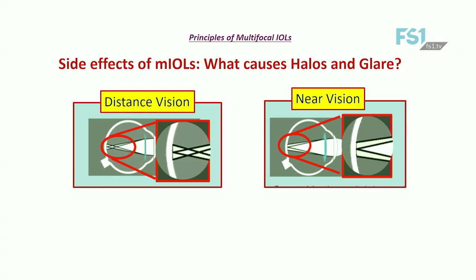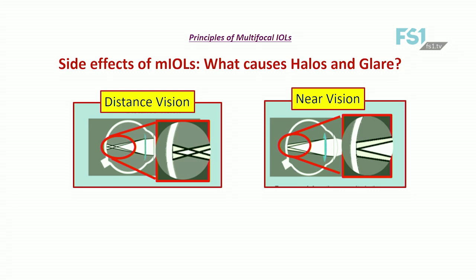As I also said, distance vision and near vision, what causes halos and glare? When the lens passes the light, on the retina we get 2 focuses, and the brain chooses the best focus it gets from the retina.